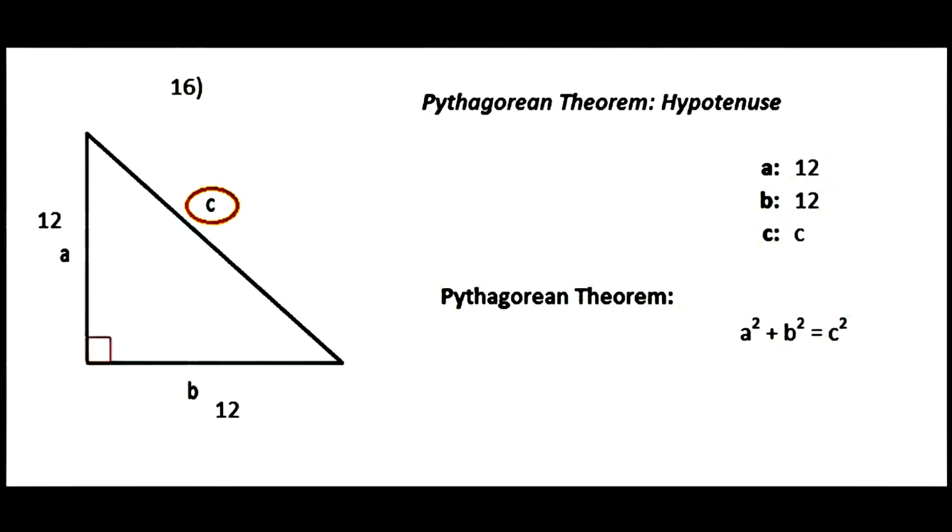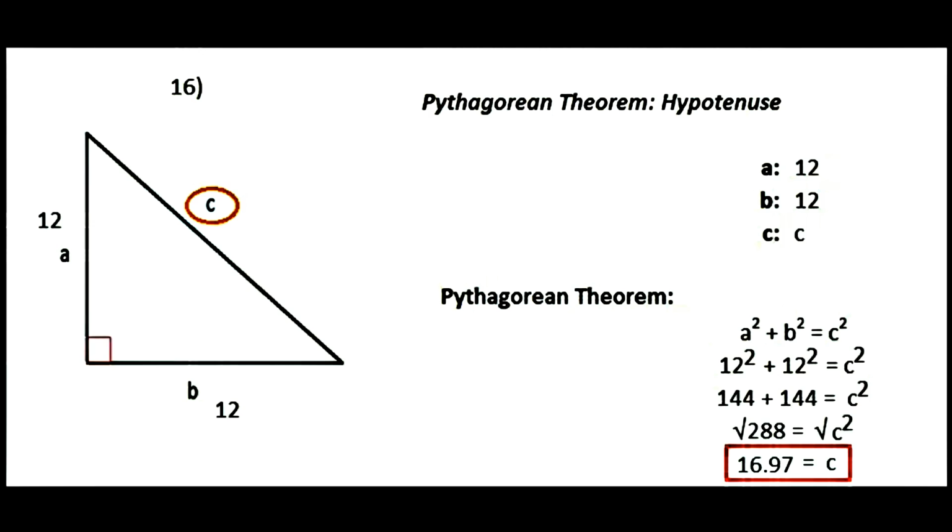So A squared plus B squared equals C squared, 12 squared plus 12 squared equals C squared, 144 plus 144 equals C squared. Take the square root of both sides, and the square root of 288 is a long decimal, but if you estimate, it's 16.97 inches, and that's our C. That goes like every other Pythagorean theorem triangle that we've done.